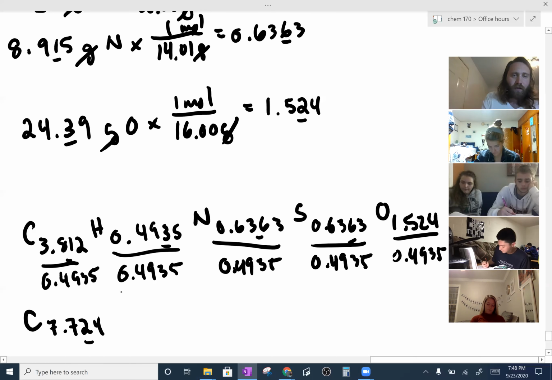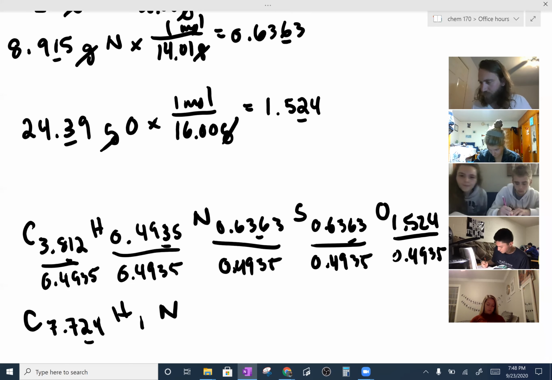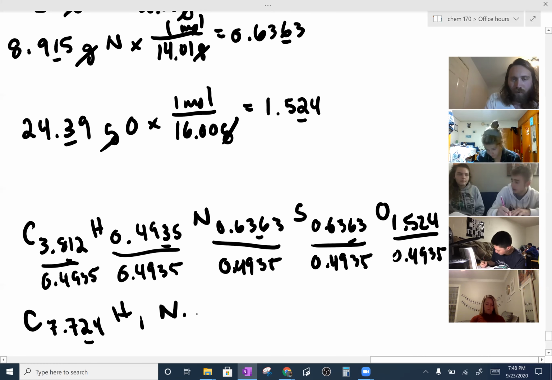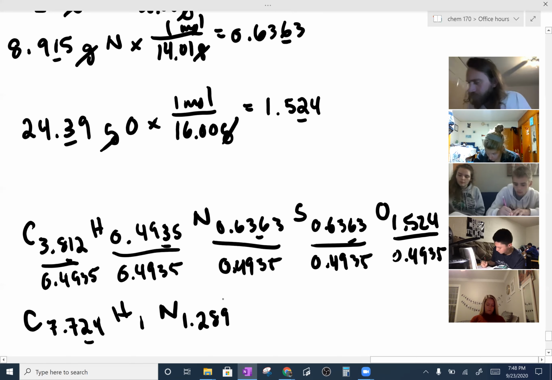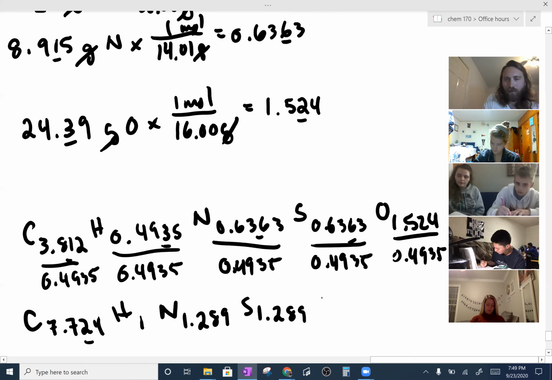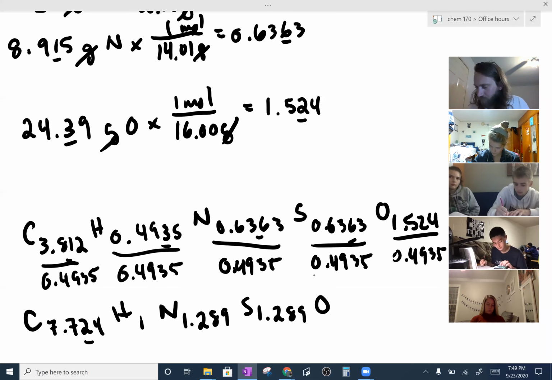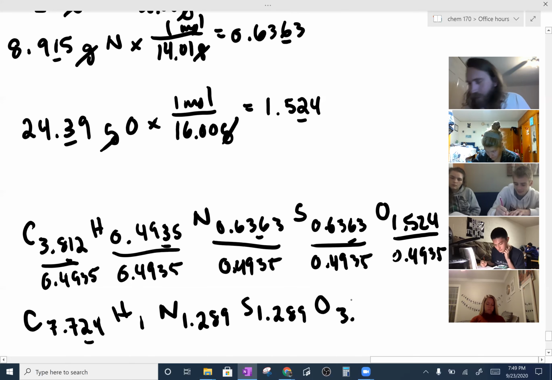And then we have hydrogen 1, nitrogen 1.289, sulfur 1.289, and oxygen 3.088.